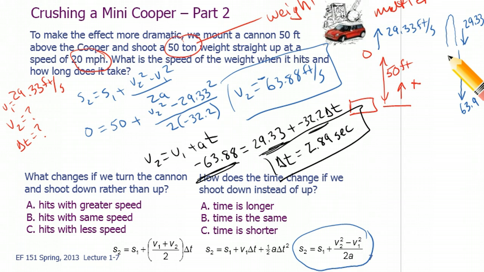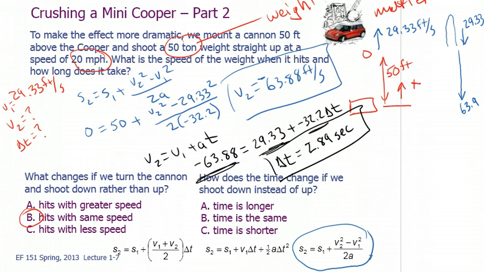Before, we shot up, went up to the top, came back down, and then hit. When it goes up and back down, it has the same velocity in the opposite direction as it passes that 50 feet line again. So as far as the velocity down here is concerned, it's going to be the same. It's going to hit with the same speed.